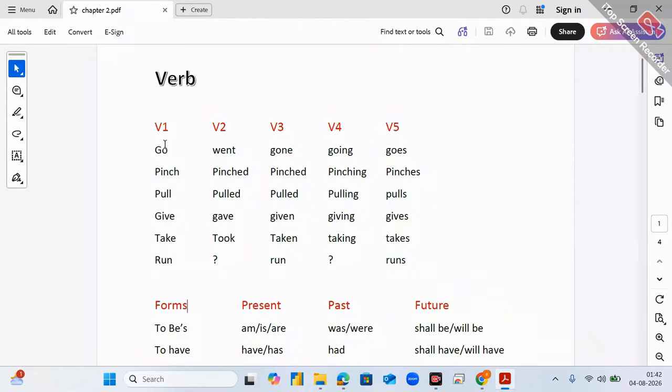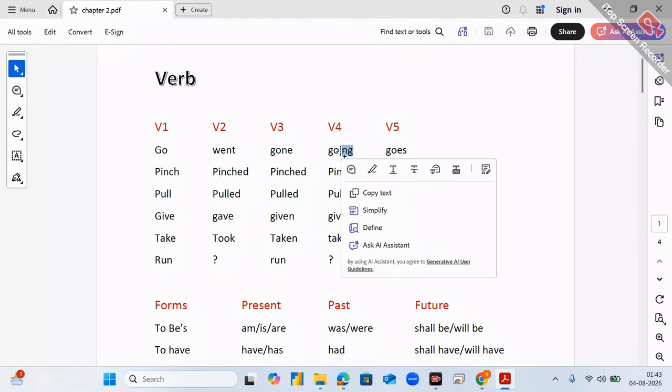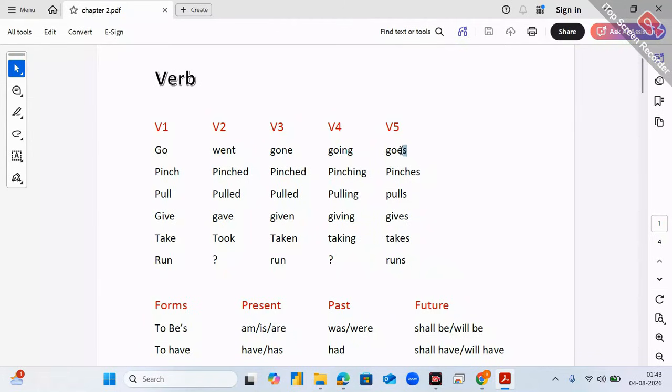Okay, for example, many of you would be aware of go, went, gone, going and goes. Likewise pinch, pinched, pinched, pinching, pinches. So here es is there. Just look at the forms of the verb, like it is ending with ing, it has s or es at the end.